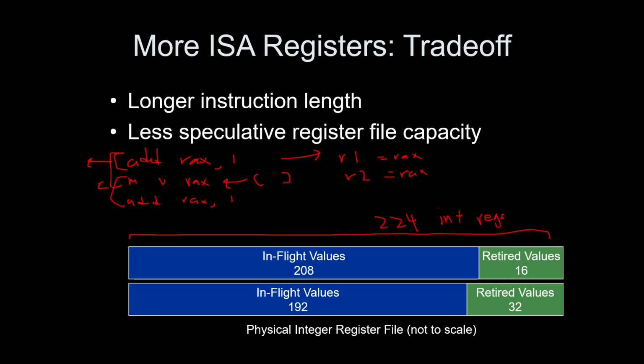So you are trading retired register file capacity for in-flight speculative register file capacity. This trade-off is likely to be beneficial if your register file is already so huge that it doesn't really matter if you're taking a little bit extra, this is not to scale, to hold retired values, because you're not really losing that much before you have to stall the front end. You're not losing that much renaming capacity, that is, but you potentially are reducing the number of instructions required in certain functions.